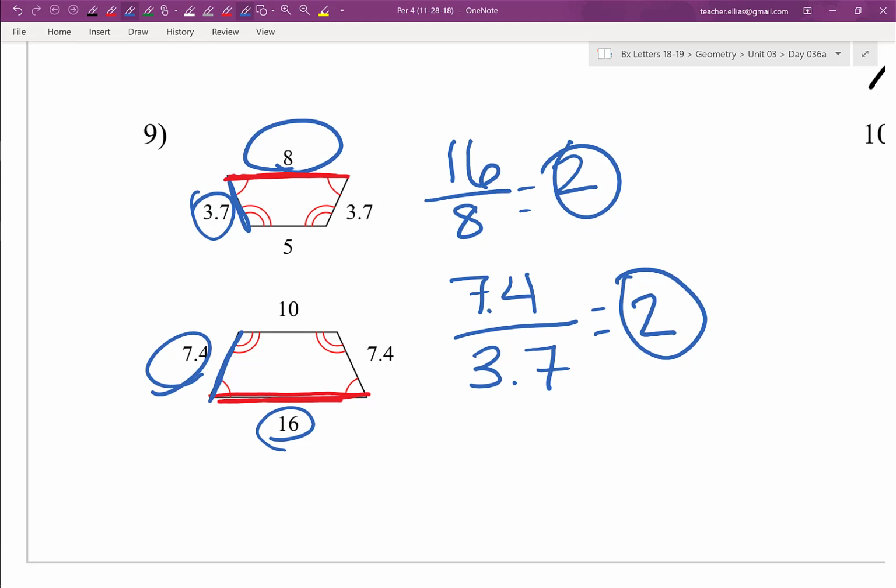Sucks to be you. No way. That's the number.